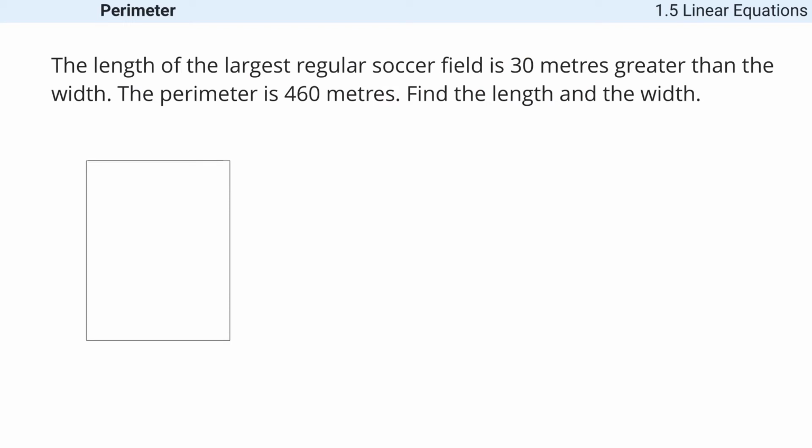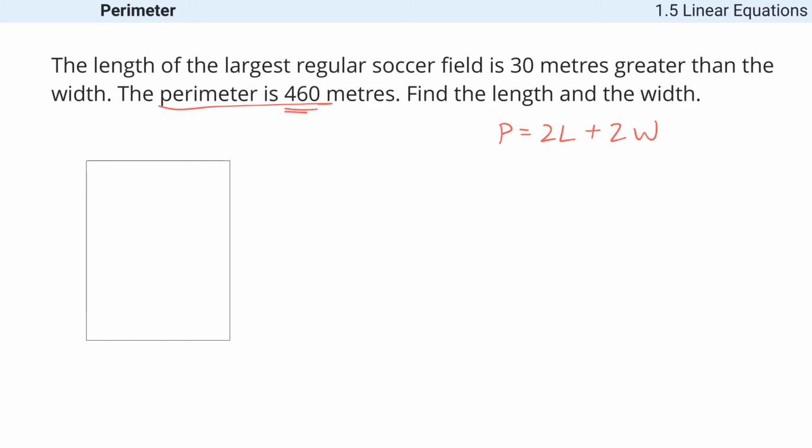So they say the length of the largest regular soccer field is 30 meters greater than the width, and the perimeter is 460 meters. Find the length and the width. Oh, okay. So they say the perimeter is 460. If they say perimeter, I'm automatically thinking I might have to use this formula here.